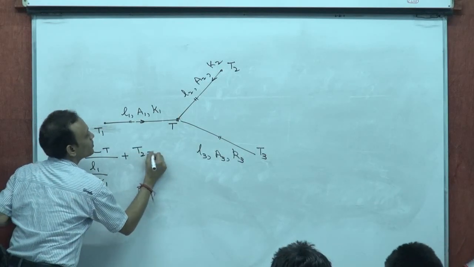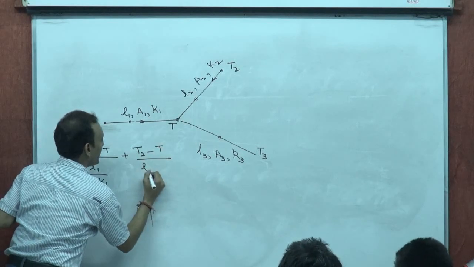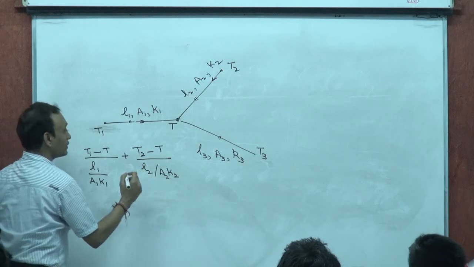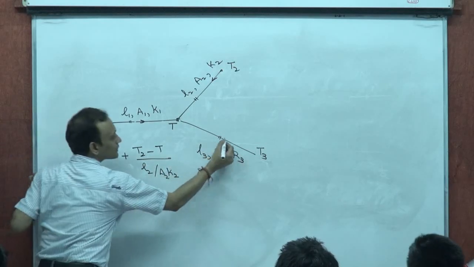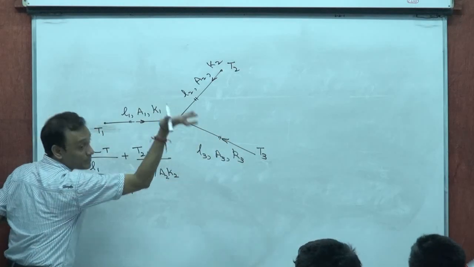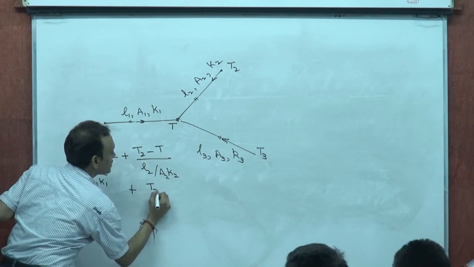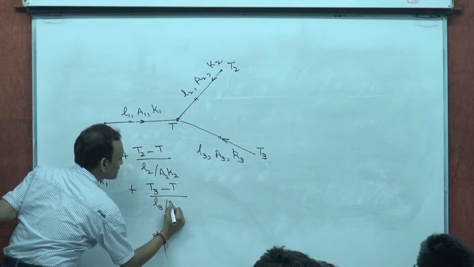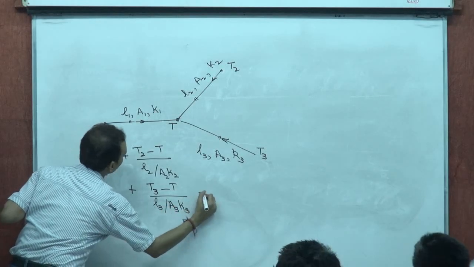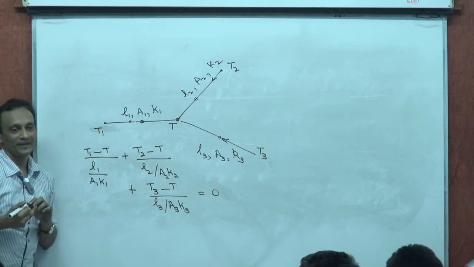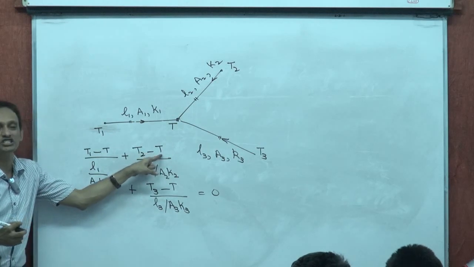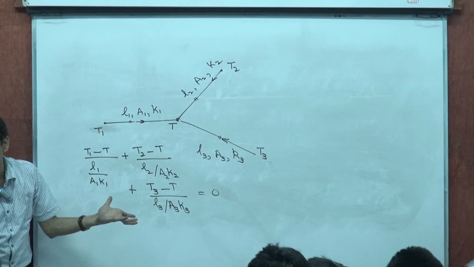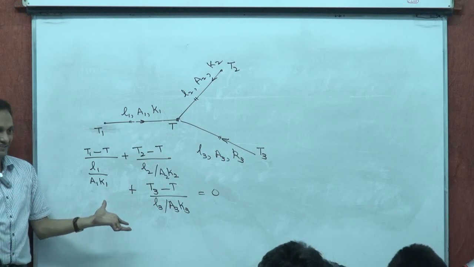So T2 minus T divided by L2 by A2 K2, plus the heat current in this direction, algebraic again, T3 minus T divided by L3 by A3 K3. This must be 0. And this will enable you to calculate the junction temperature. So the junction rule applies very effectively, very easily, right?